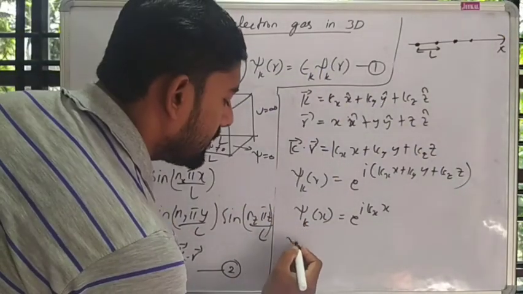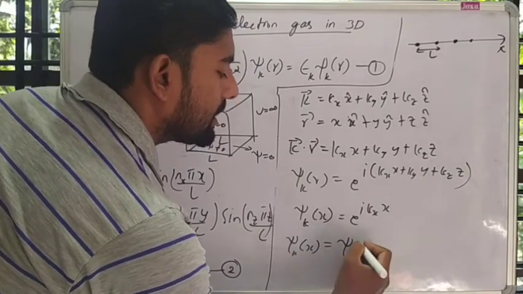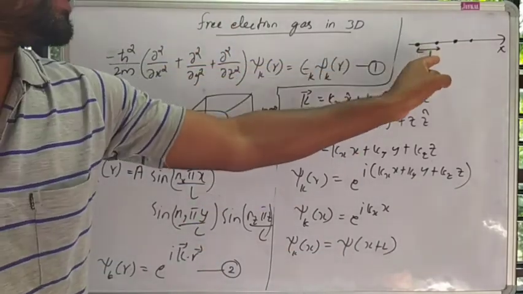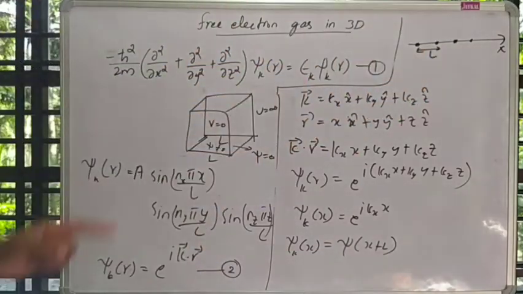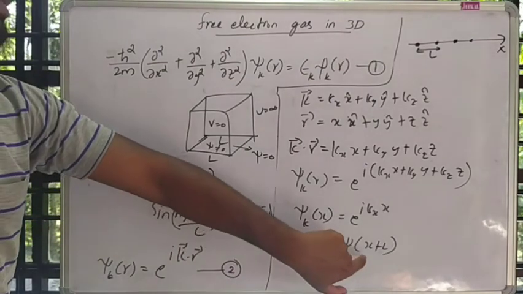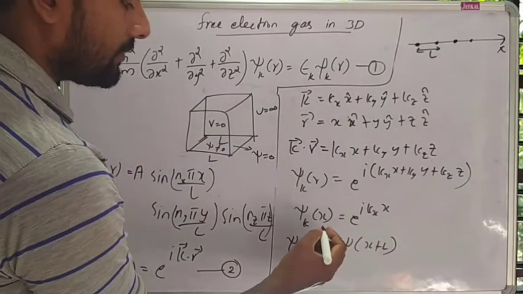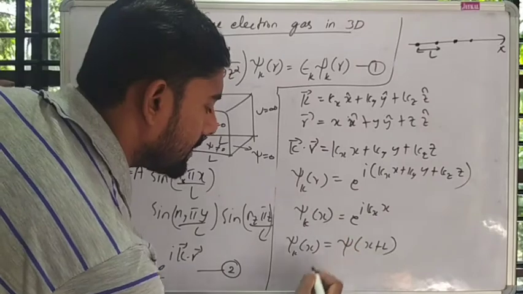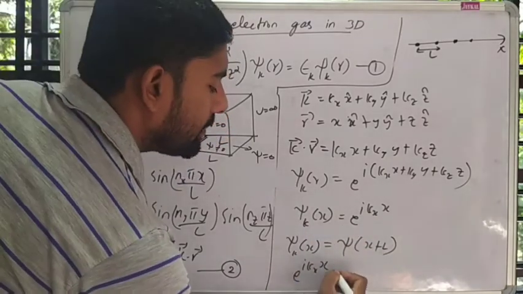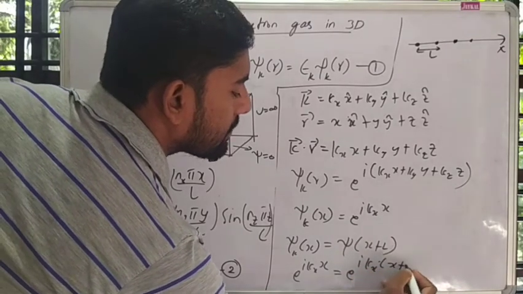The wave function at the position x should be equal to the wave function at the position x plus L, because this lattice has a period L. So e raised to i kx x should be equal to e raised to i kx into x plus L.